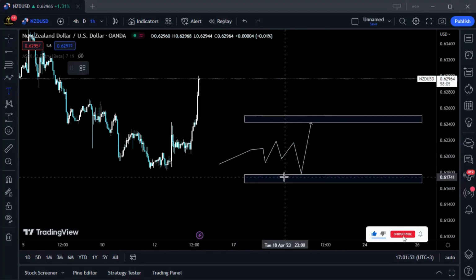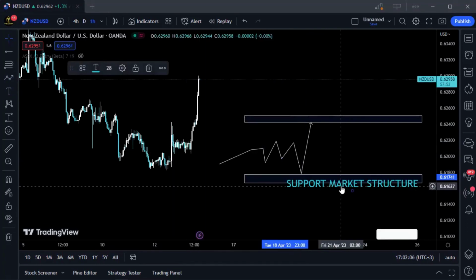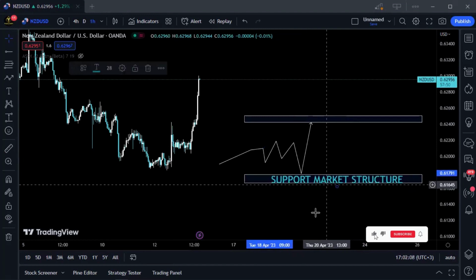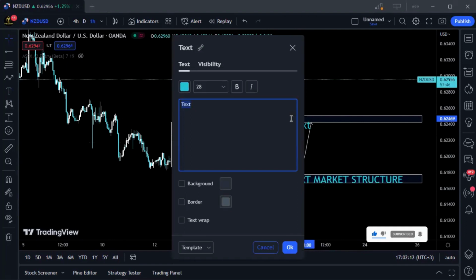So let me put that down. Support market structure, right? And then up here, we have a resistance market structure.